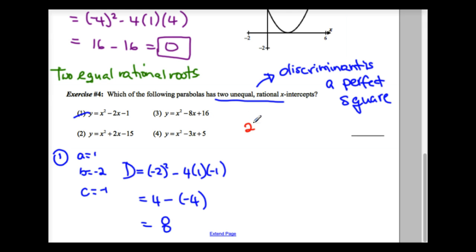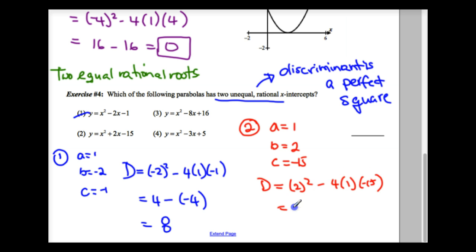Choice 2. A is equal to 1, B is equal to 2, C is equal to negative 15. My discriminant D is equal to 2 squared minus 4 times 1 times negative 15. 4 take away negative 60.